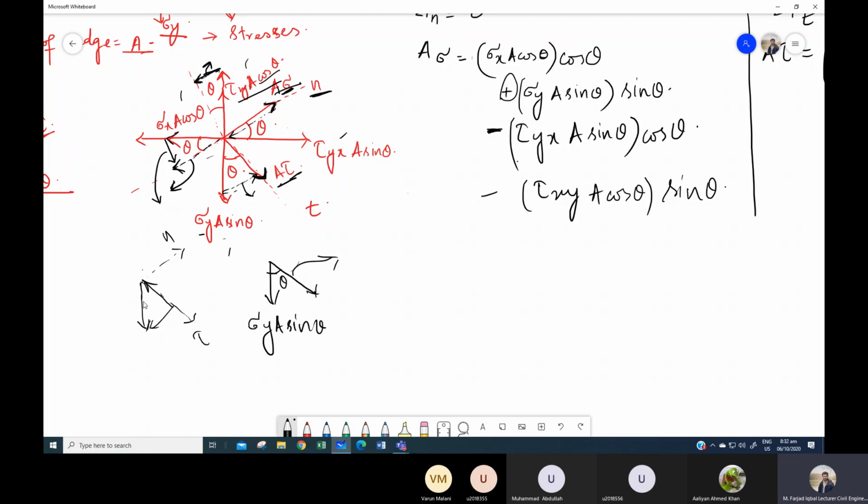If we resolve this force, do you think so? It will be in this upward direction, right? I've shown it over here as well. Over there you can see. What will be this sign? Okay. So that will be the positive one.